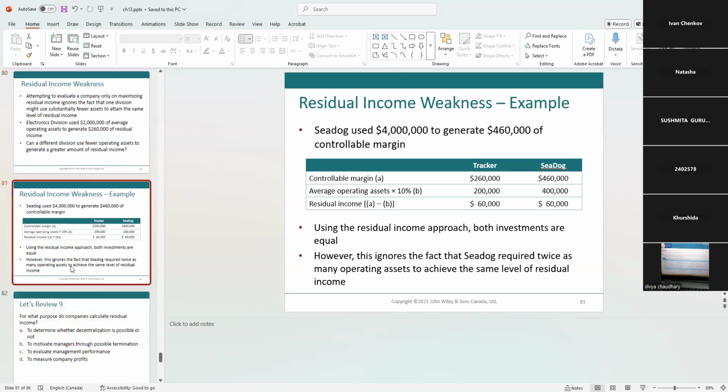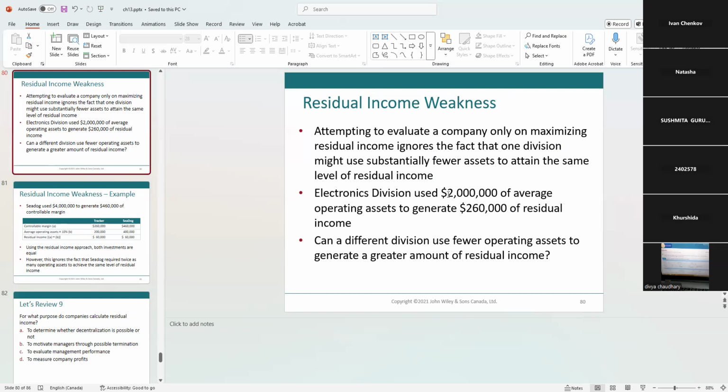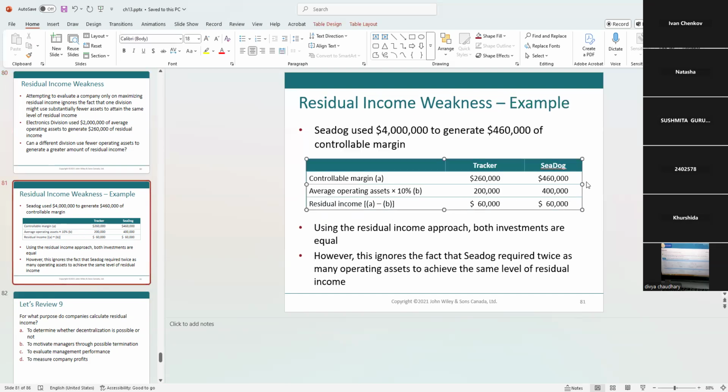So here the example will be, for example, this one used 4 million to generate 460, with 4,000 average operating assets times 10%. So currently, our average operating assets are 2 million. We're generating 260.